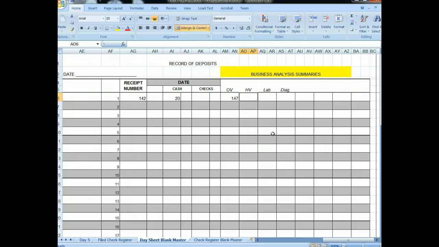Once you have this documented, you can take the ledger card of Margaret Chandler off the day sheet, and you can take the receipt 142 off the day sheet and set it aside. And we will have protocol and procedures set up on how to submit documents to me after day one's completed.